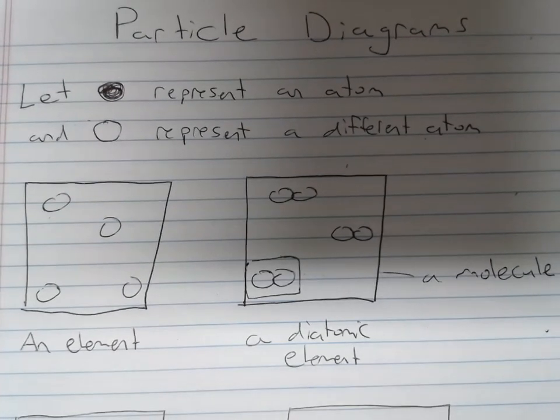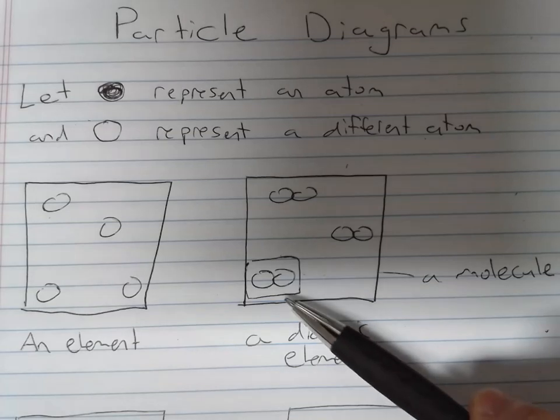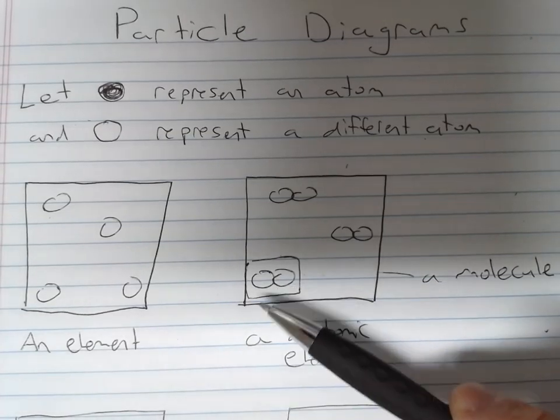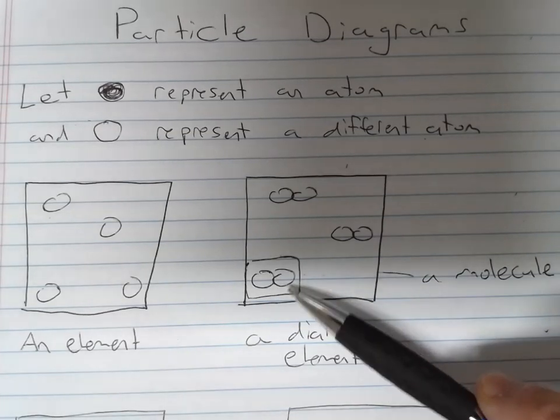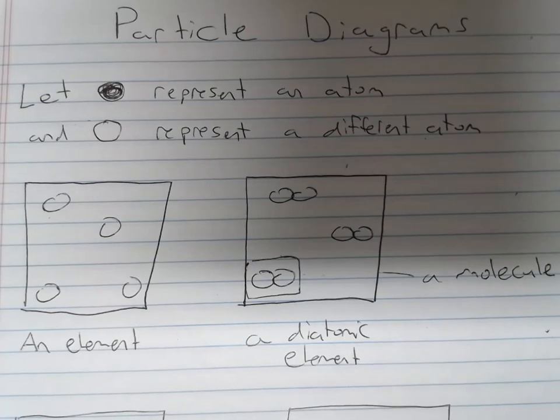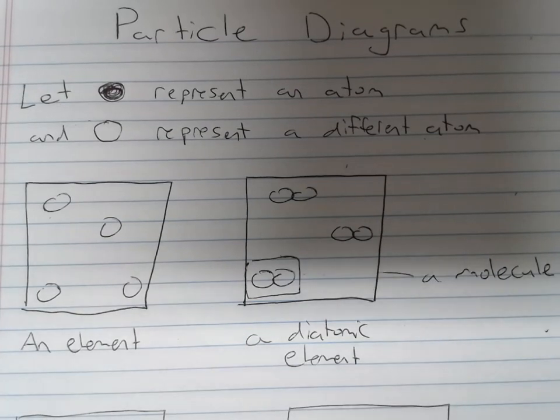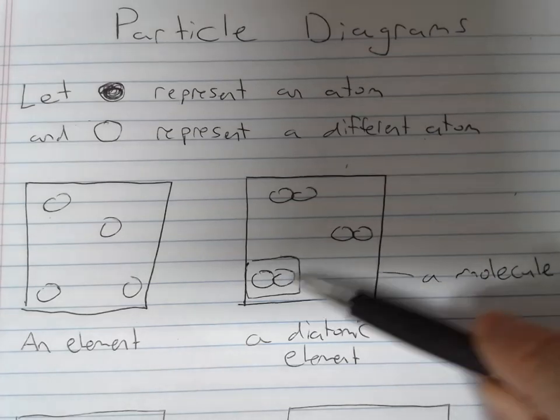So I have a bunch of molecules, but these molecules are diatomic. And if you remember, diatomic means 2 of the same atom. So this could be O2 gas, or H2 gas, or N2 gas, one of the diatomic elements. Again, it's a gas because they're so spread out, but it is still an element because it still represents only the same type of atom.